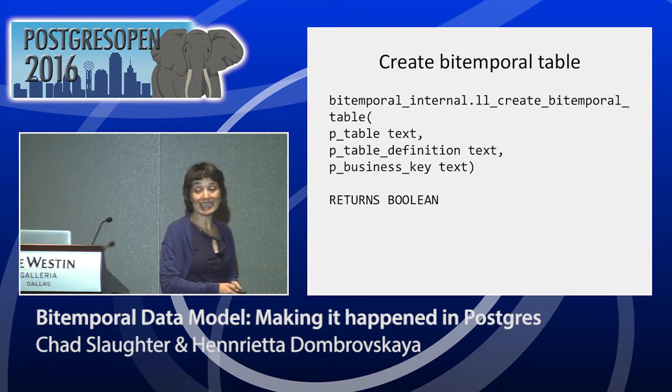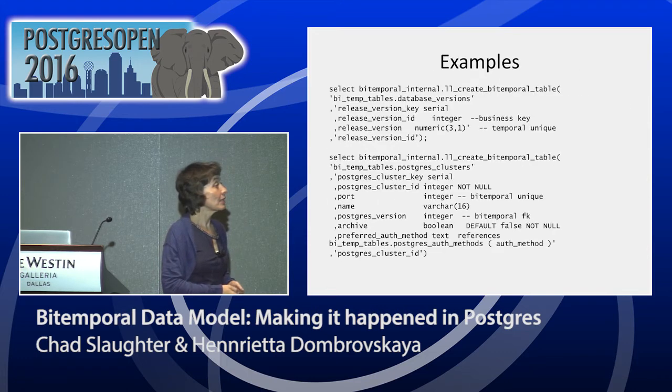The business key is something which would be your primary key if it were a regular table. Then the function itself generates the bitemporal table based on this information. If you look at the database version table we previously mentioned, that's what you pass to the function, and it would generate the table definitions which we showed previously.